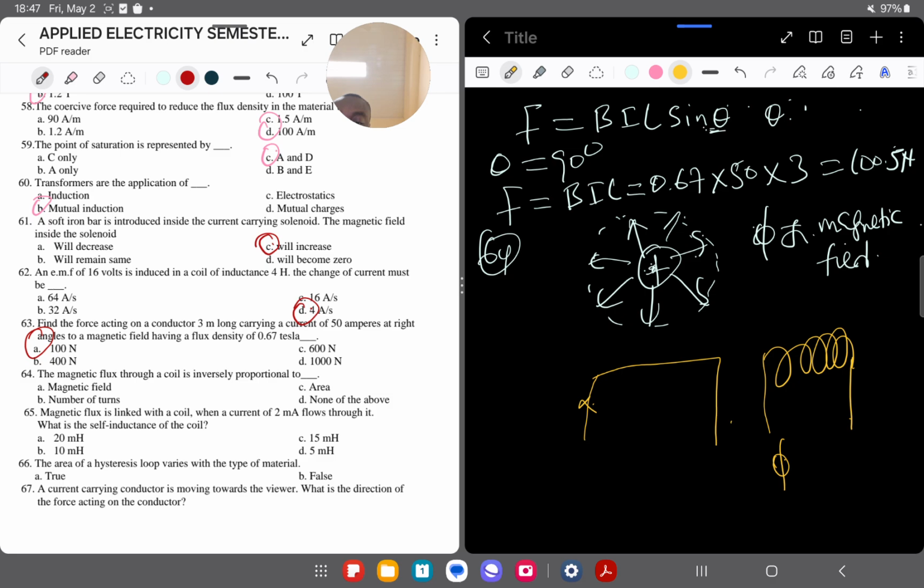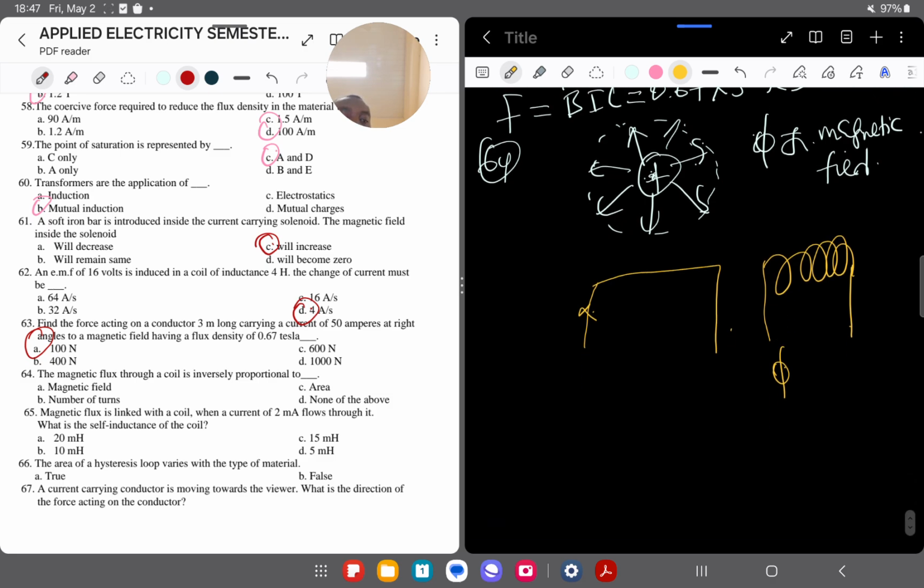Now C, the area. The formula for magnetic flux density, B, equals magnetic flux over area. If you make magnetic flux the subject, you get magnetic flux density times area.